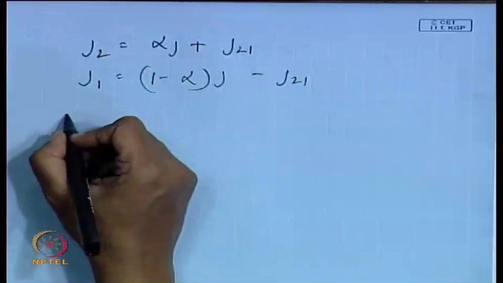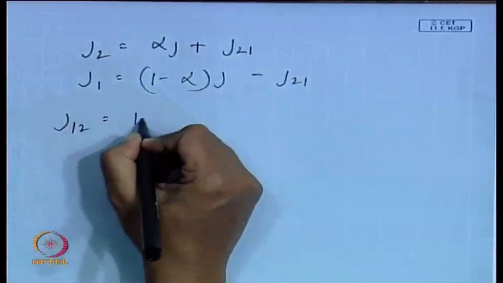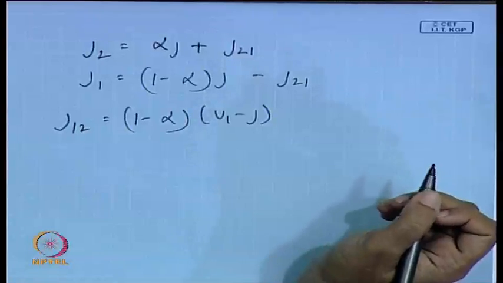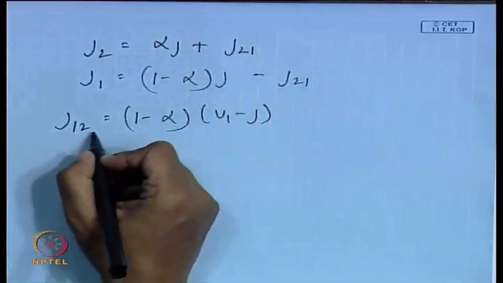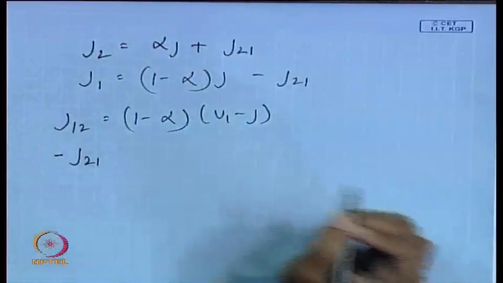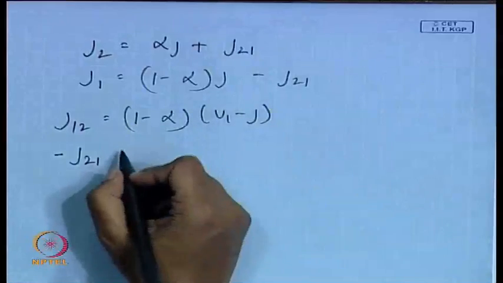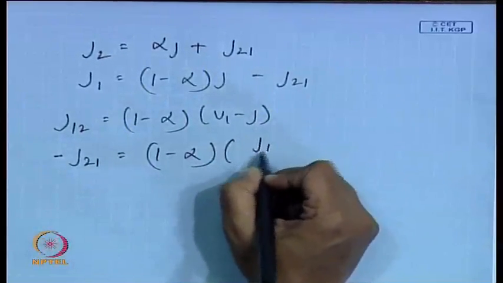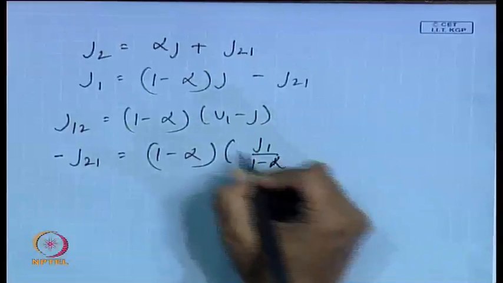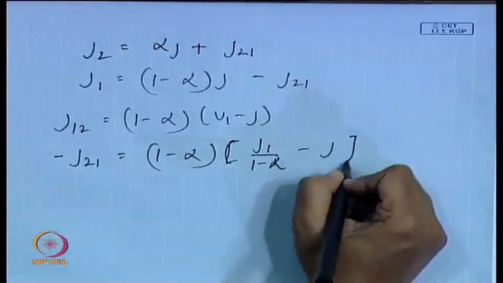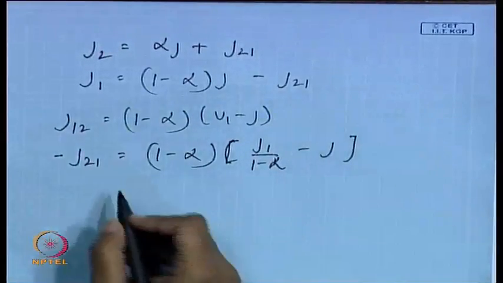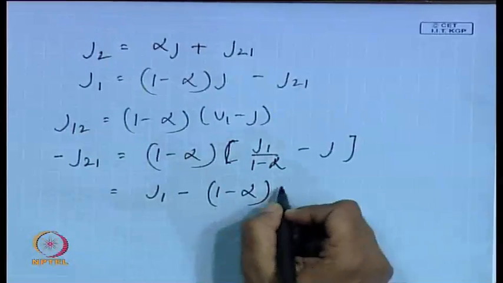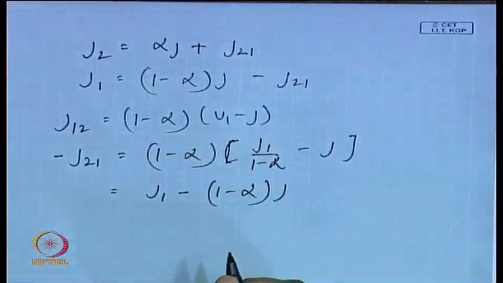From where do you get it? We know J1 equals 1 minus alpha into u1 minus j, and we know J12 is nothing but minus J21, is not it? So, this is equal to 1 minus alpha j1 by 1 minus alpha minus j, correct, or in other words J1 minus 1 minus alpha into j.